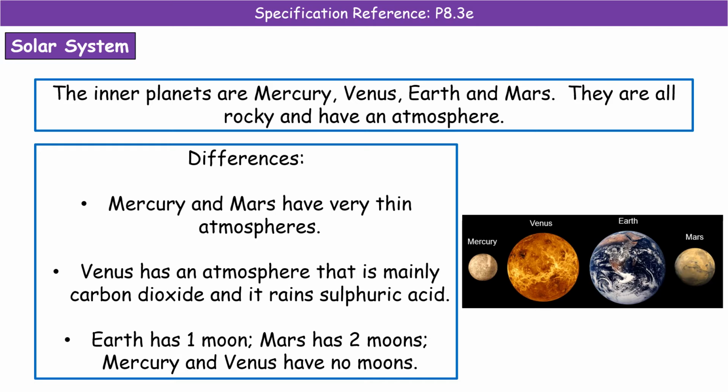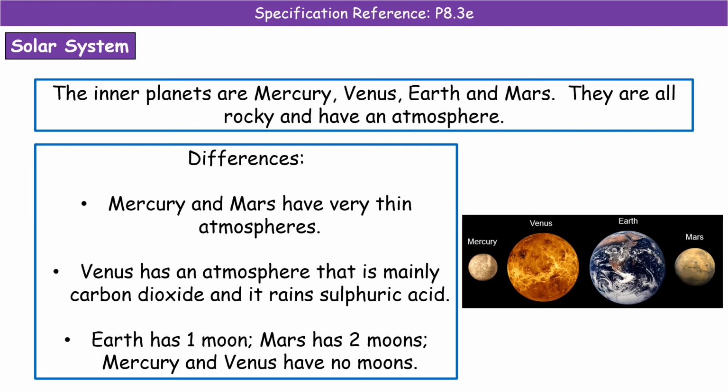So they're all rocky, they all have an atmosphere of some description, but they have some key differences. First of all, if we think about Mercury and Mars, they only have very thin atmospheres. Venus does have an atmosphere, but it's mainly carbon dioxide and not particularly hospitable because it rains sulfuric acid on that planet. So again, not the kind of place you want to hang out.